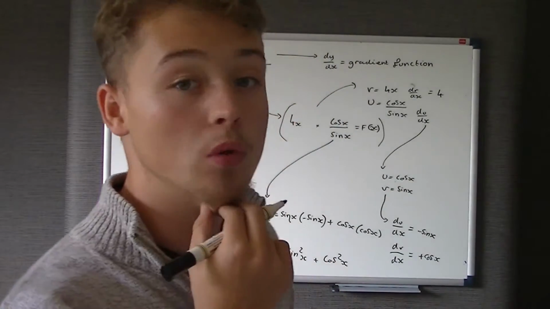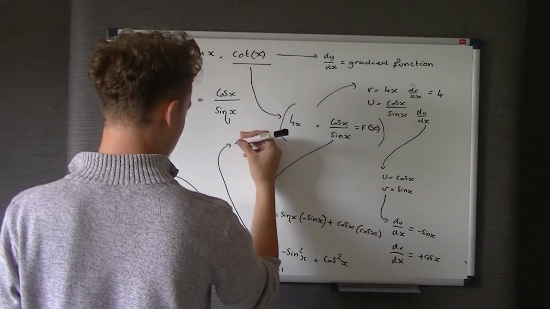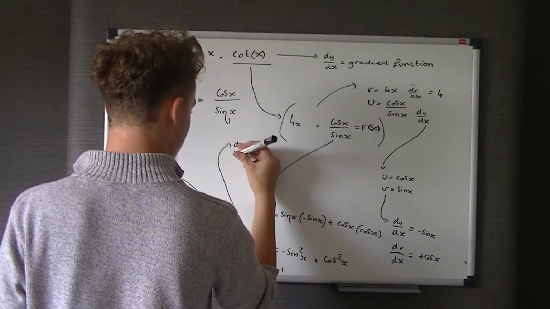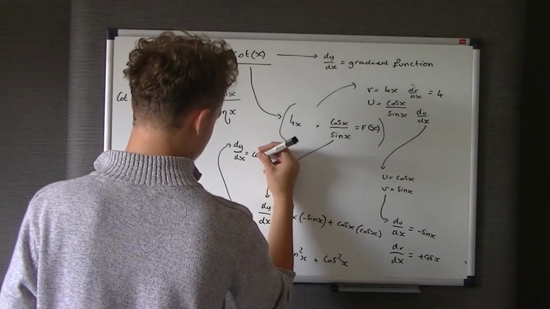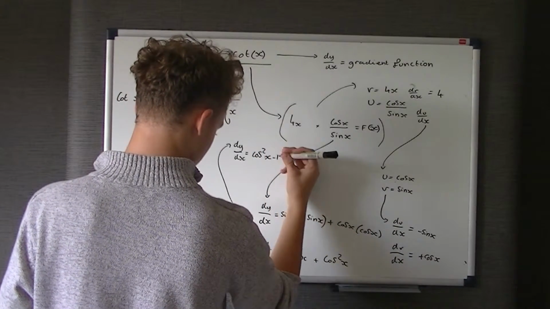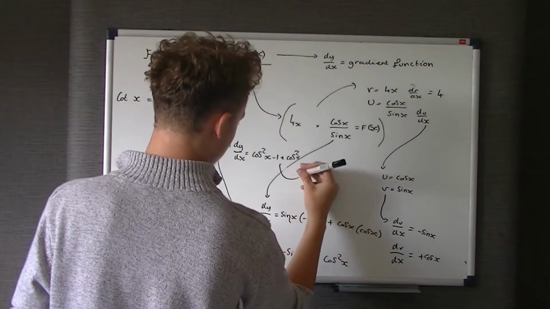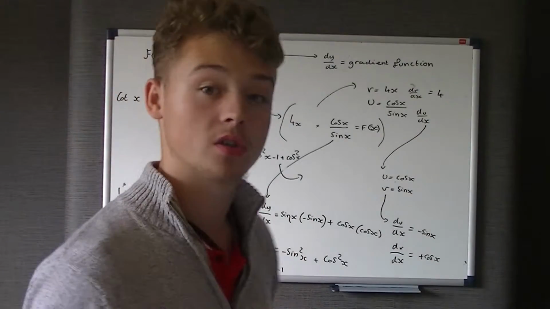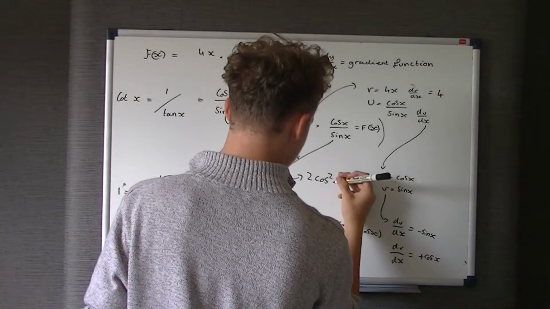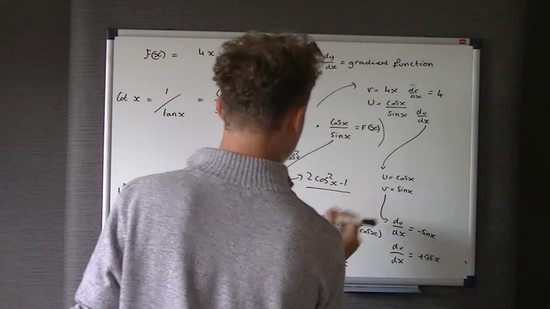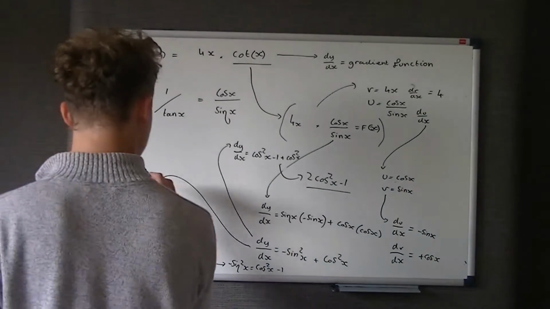So dy by dx of cos x over sine x we could make equal to cos squared x take 1 plus cos squared x. Then that would mean we get 2 cos squared x take 1. So that would be the derivative of cos x over sine x. Now I feel I'm running out of room here.